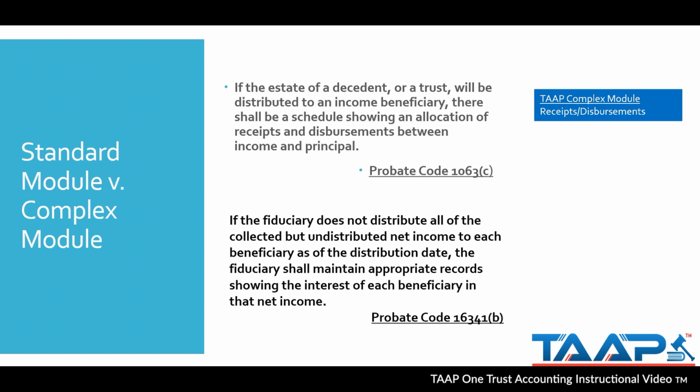Then you have a situation where the fiduciary is not distributing all of the income, and in that particular situation, we have to keep a separate record of how much the income account is holding. And you could have a situation where you have discretionary distributions of income, discretionary distributions of principal. In that particular situation, the complex module has an income account summary and a principal account summary, which will satisfy those requirements.